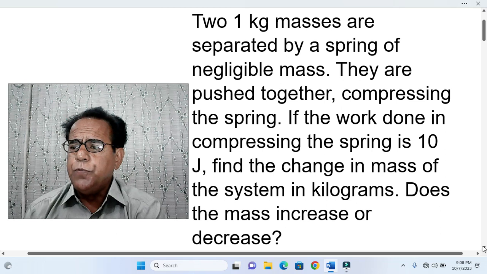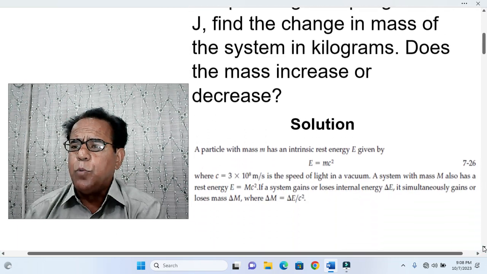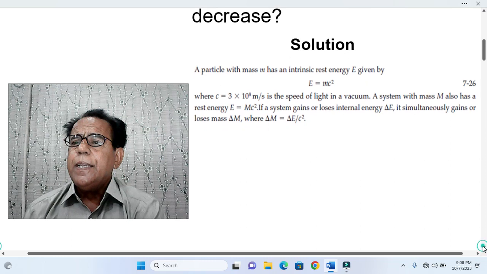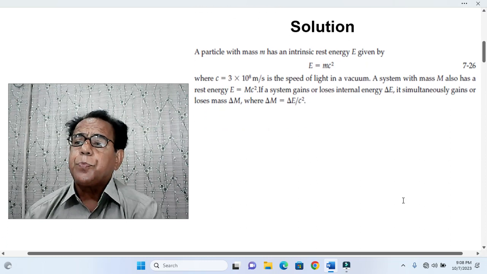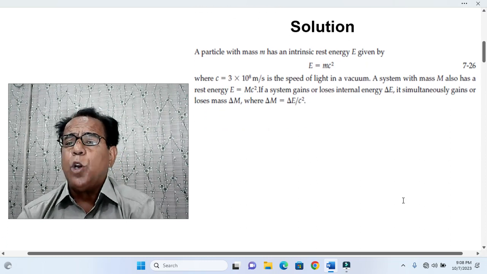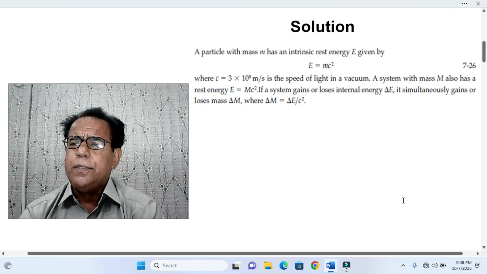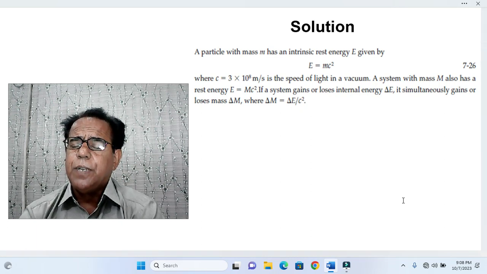We move to the solution of the problem. Okay, dear students, this is a snapshot which has been chosen from some book.